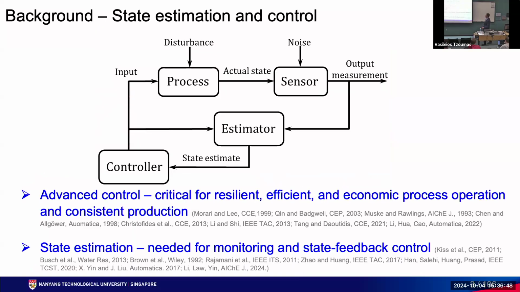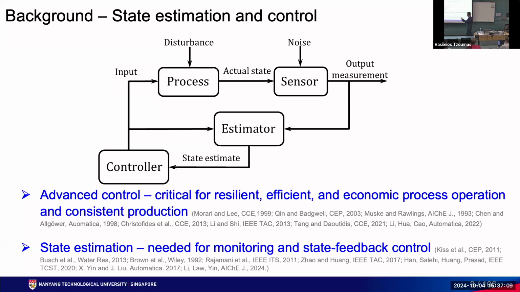This is a diagram I think all the audience are familiar with. We need advanced control because it's critical for appropriate, robust, resilient, efficient, economic, and sustainable system operations and real-time production of products.